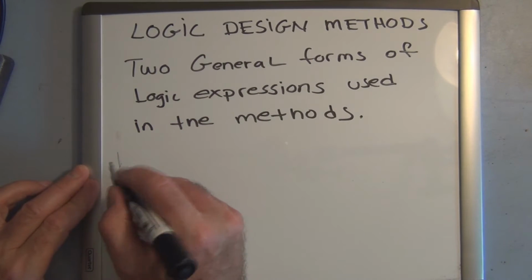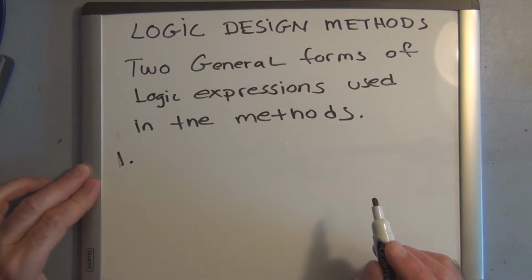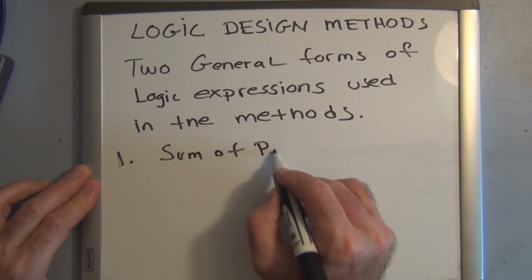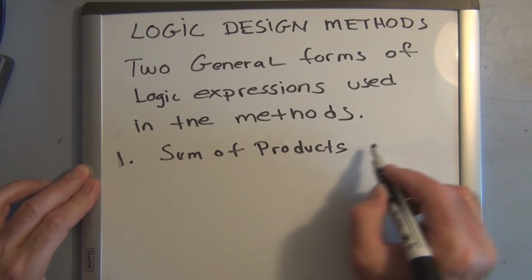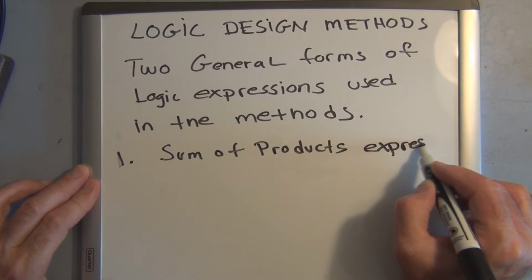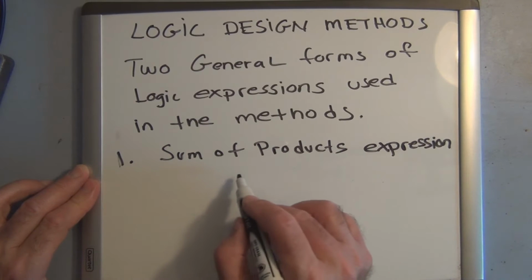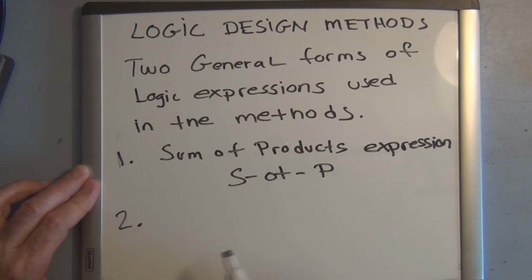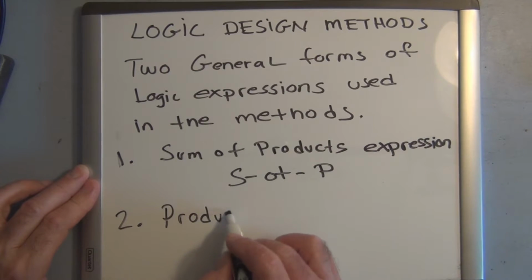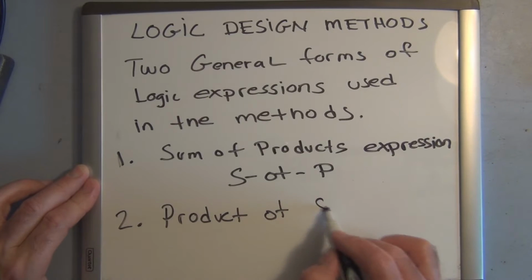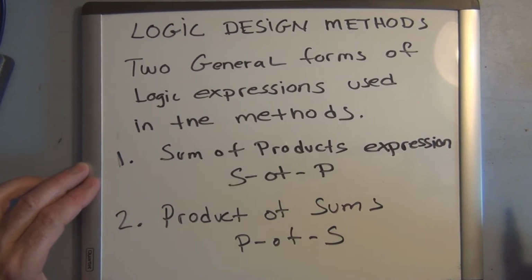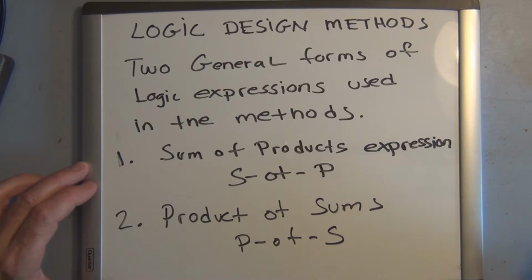The first general form is the sum of products expression, which we'll abbreviate S of P. The second general form is called the product of sums, and we'll abbreviate that P of S. Then we'll look at examples of these two types of logic expressions.